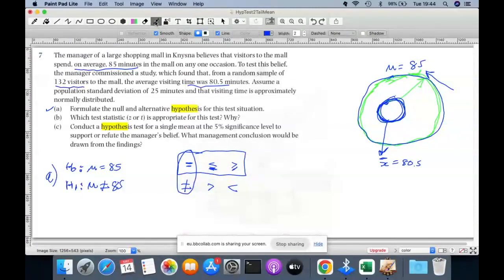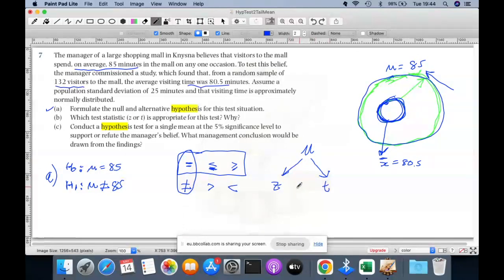This is what I need you to remember for hypothesis testing. When you're dealing with averages, and that's what we're working with right now, we're working with mu, so that's an average, it can either be a Z statistic or a T statistic.